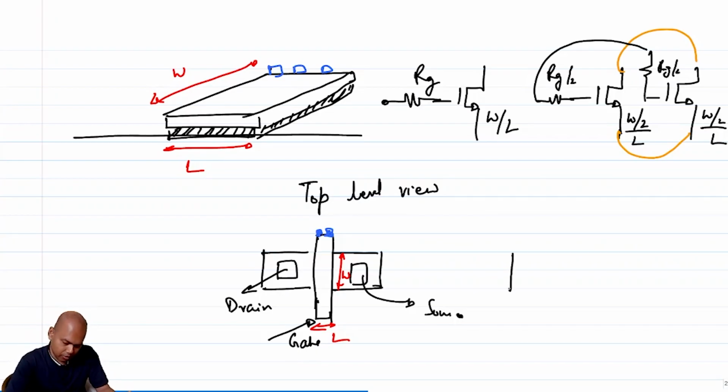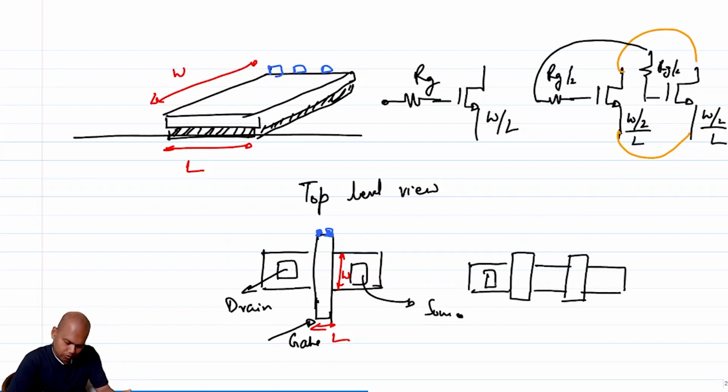We are essentially saying that we are going to use the same L. So let's say I call this D1, right? I call this S1. I call this also S2, and I call this D2. Correct?